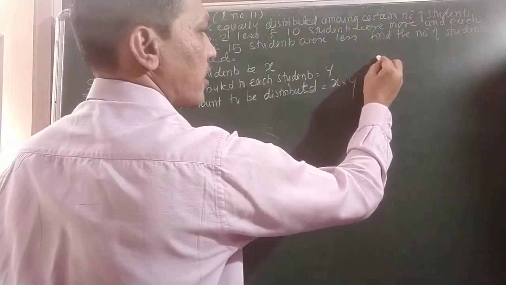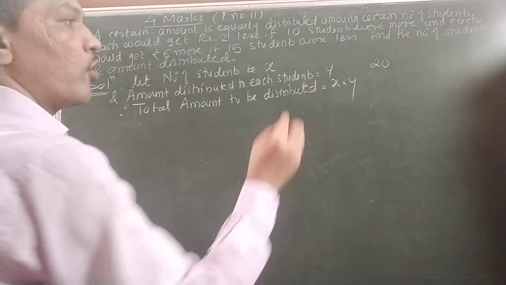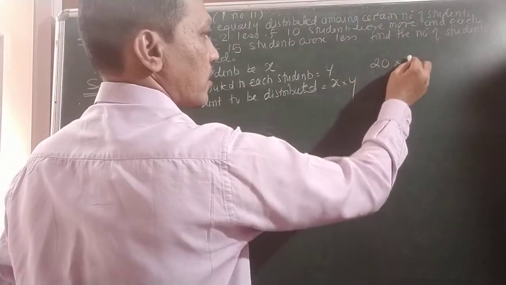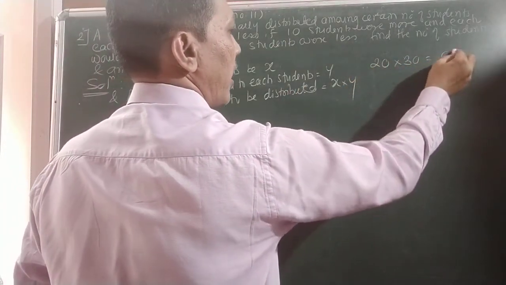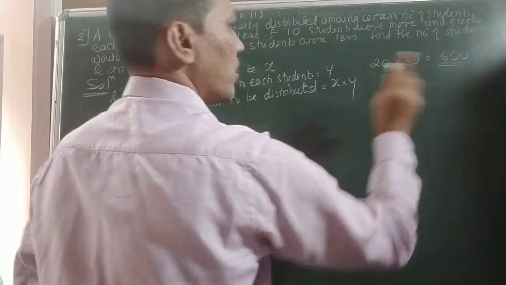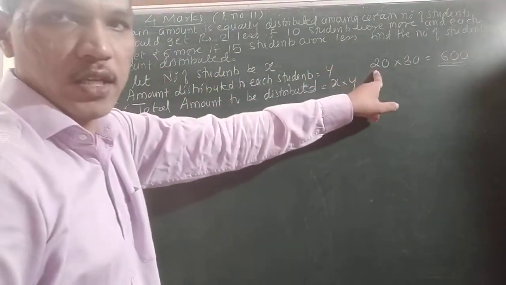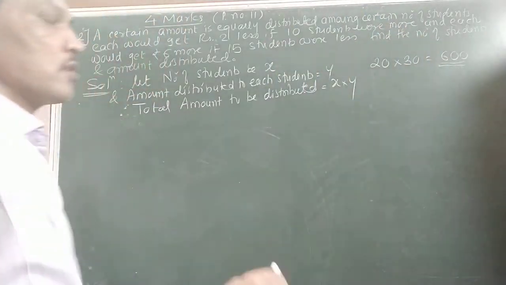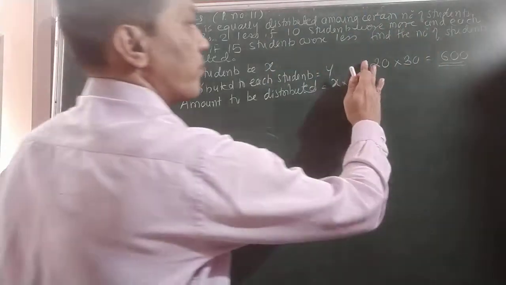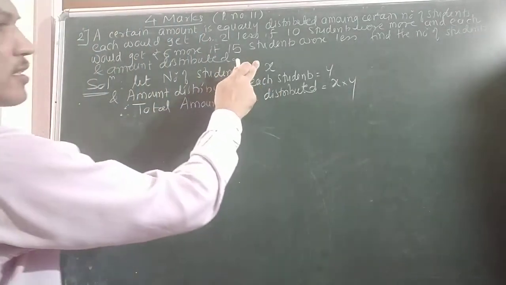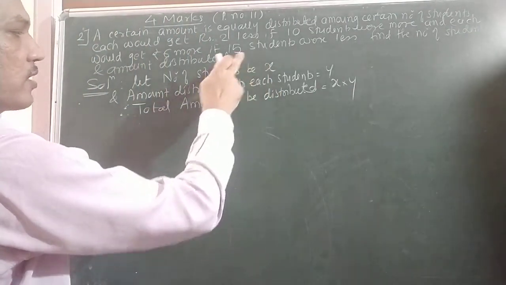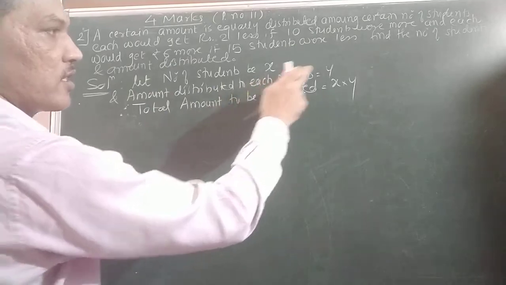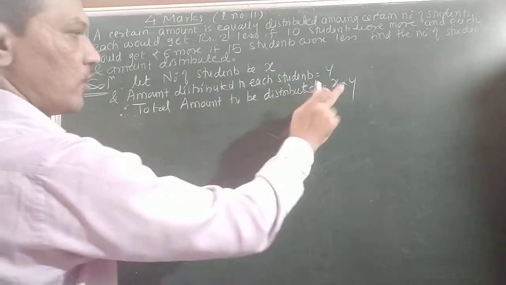See, if students are 20 and I want to distribute 30 rupees to each, I should have 600 rupees. Similarly here, students are x, the amount distributed to each student is y, so the total amount is equal to xy.